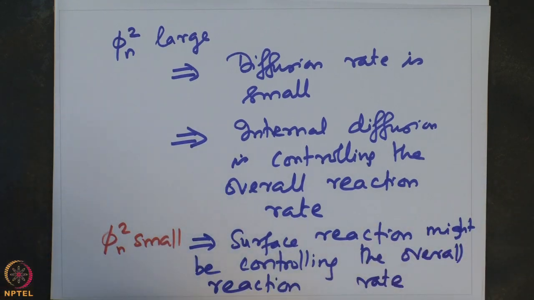So, if one knows the Thiele modulus for a given system that we are looking at, a given catalytic reaction, then based on the value of the Thiele modulus, one can find out whether the reaction is likely to be internal diffusion controlled or surface reaction controlled.